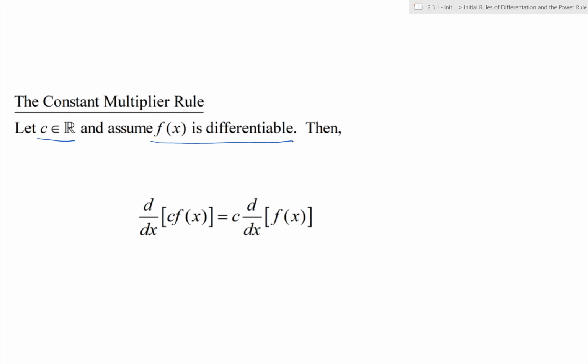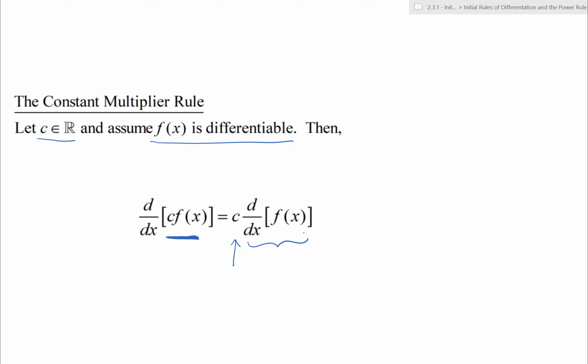Then the claim is that the derivative with respect to x of a constant times the differentiable function f is the same as the constant times the derivative of the function. So it's just saying, if you have a constant in front of your function and you're differentiating that whole thing, that constant multiple just sticks around for the ride throughout the entire differentiation process.